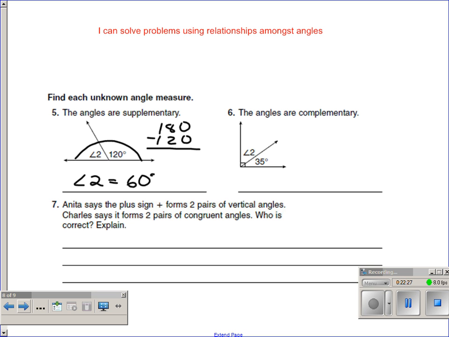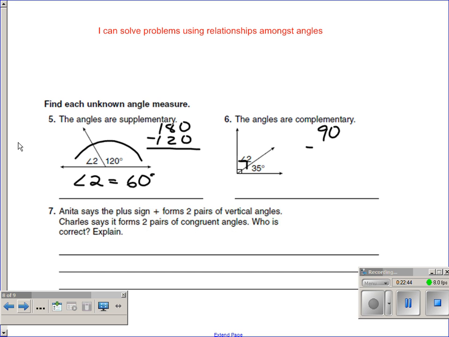Complementary angles add up to 90 degrees. I'll tell you, it's not 35. How would we do it? I'm waiting. Thank you. 90 subtract 35. Uh-oh. 55 degrees.